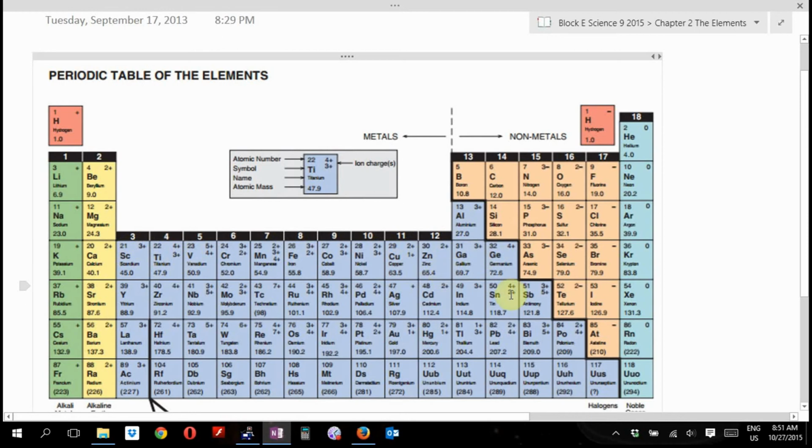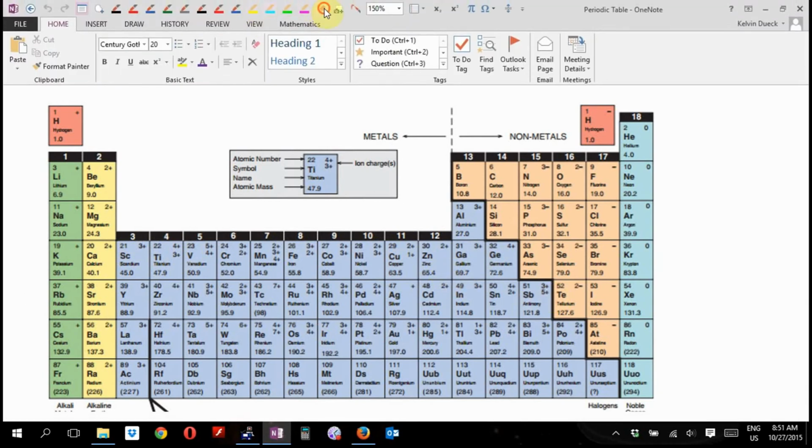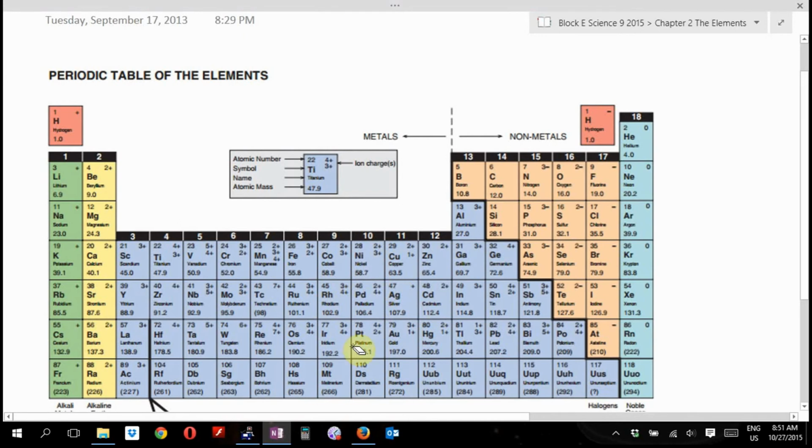It goes a little haywire because down here, the shells start to overlap and tangle, and there's subshells, and it gets very complicated. You know how many valence electrons this has? It has 1, 2, 3, 4, 5, 6, 7. The system breaks down. I'm not going to ask you that.